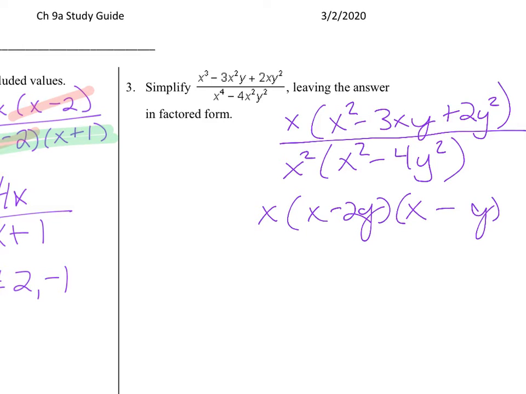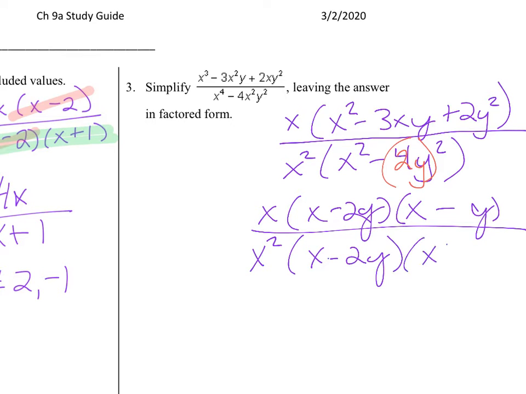Now the denominator is a difference of squares: x squared minus 2y squared, which can be rewritten as x minus 2y and x plus 2y.